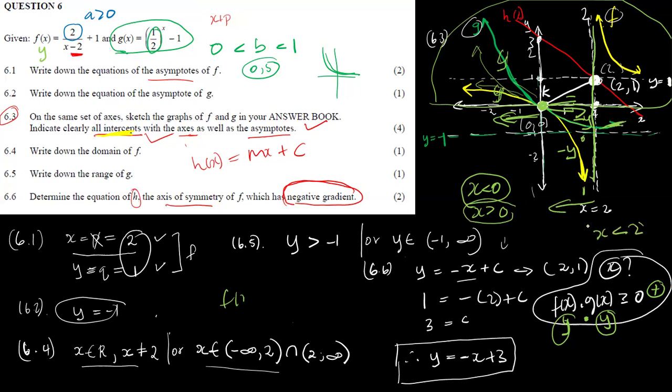So when x is less than 2, go to your graph. This is 2. Don't forget our asymptote here is 2. When x becomes less than 2, we have negative multiplied by negative. We have 0 multiplied by 0, because remember 0 is also included, and we get 0. We have positive multiplied by positive.